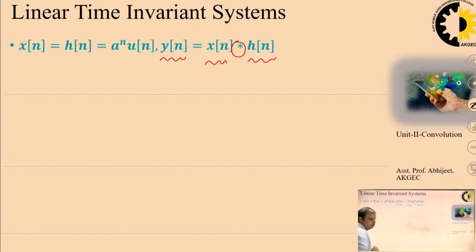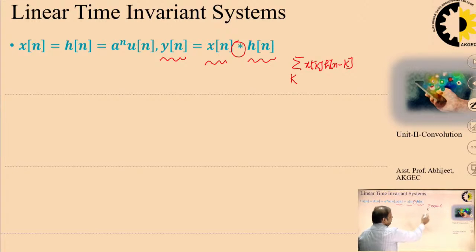We want to solve this. Now if I want to solve this, I will need the definition of convolution sum, which is basically summation in k for all values x of k and h of n minus k, isn't it?